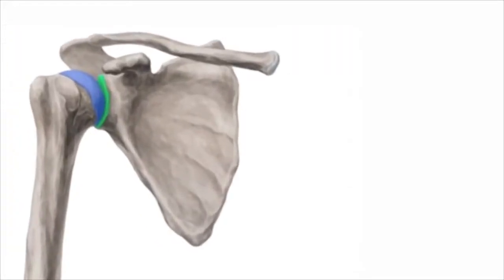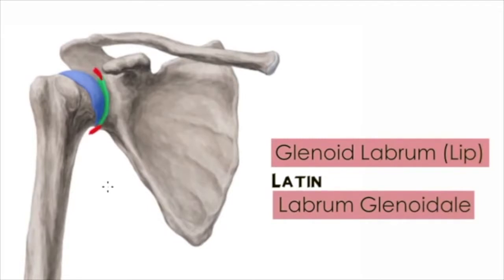That is why, to help correct this difference, you're going to find on the edges of the glenoid cavity a fibrocartilage rim, as I'm drawing right now. This fibrocartilage rim is known as the glenoidal lip or the glenoid labrum, or labrum.